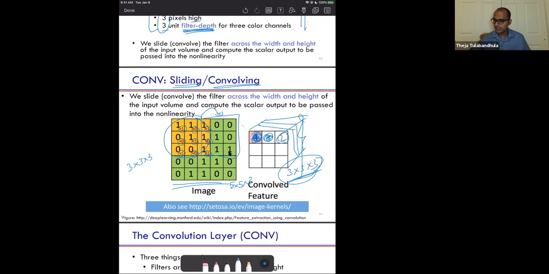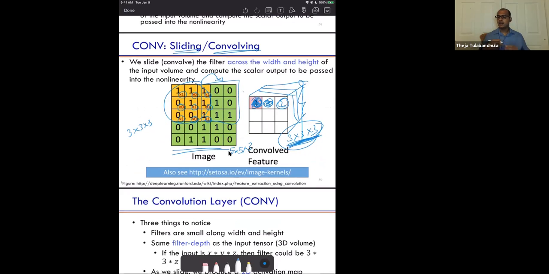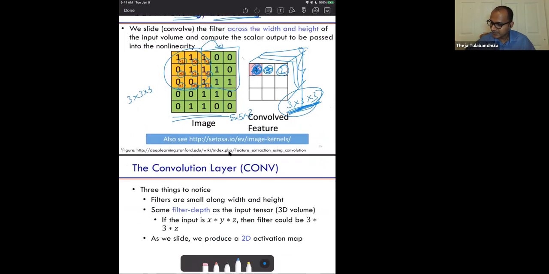All the neurons, there are these many neurons here, are using the same parameters.